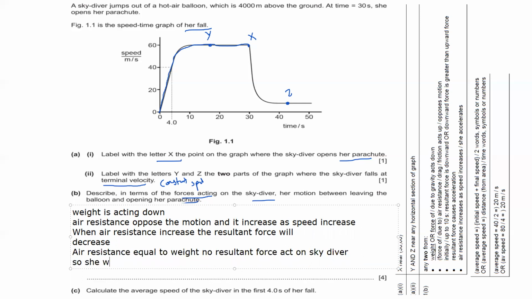So she will move with constant speed or zero acceleration. So there will be no change in speed as she falls through the ground.